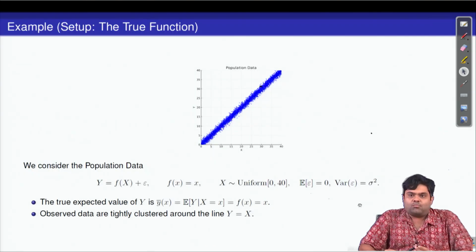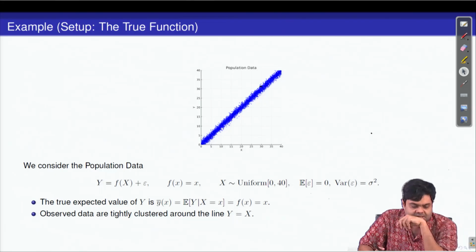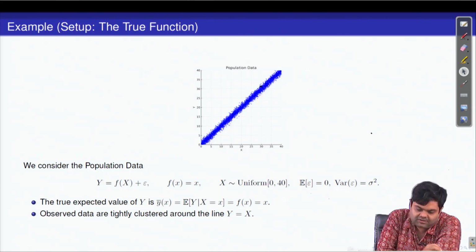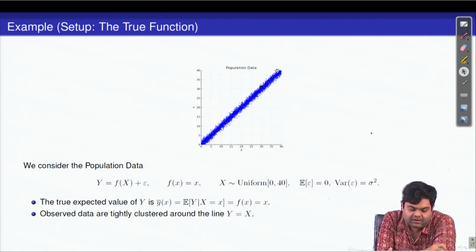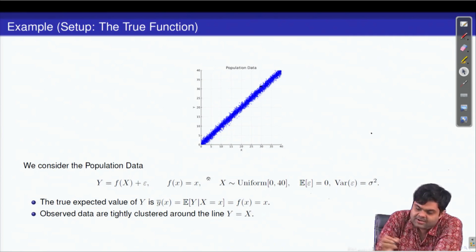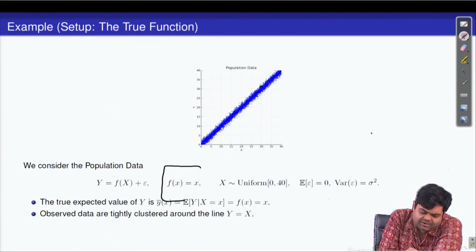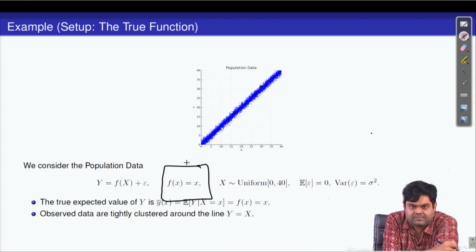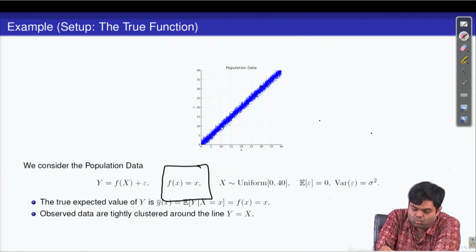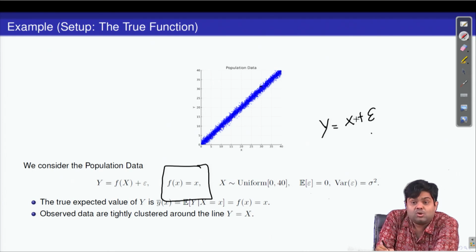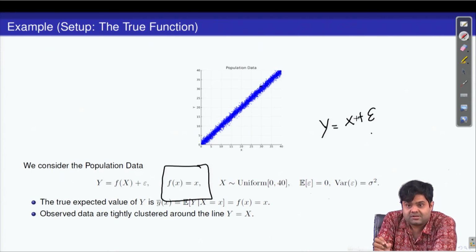Now, let us do some more examples. Suppose your population data is the following. The actual relation between x and y, like the previous house price situation, is fairly nicely modelable by a linear model, namely y equal to x plus epsilon, no slope, no intercept.